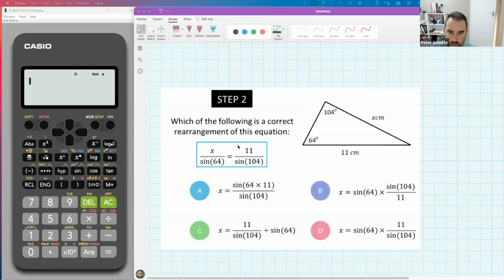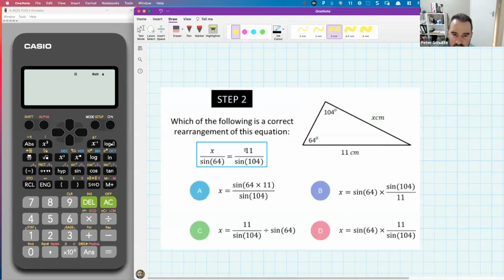Okay, let's have a look. I want to get the sine of 64 to the other side, and it becomes a multiplication. I know I've got 11 over the sine of 104. And so both B and D are looking interesting to me, but I need to watch what is over here.